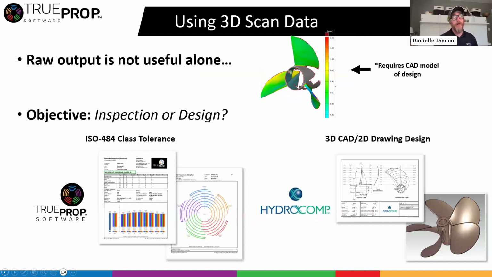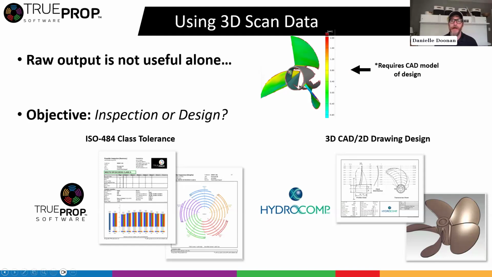So, it's great. We can get a 3D scanner, we can capture geometry of the propeller in the computer. But what can we do with that data? Without post processing and tools to digest that data, it's just a surface or a cloud of points randomly positioned in space. And that alone doesn't tell us anything about the propeller, the geometry or the condition.